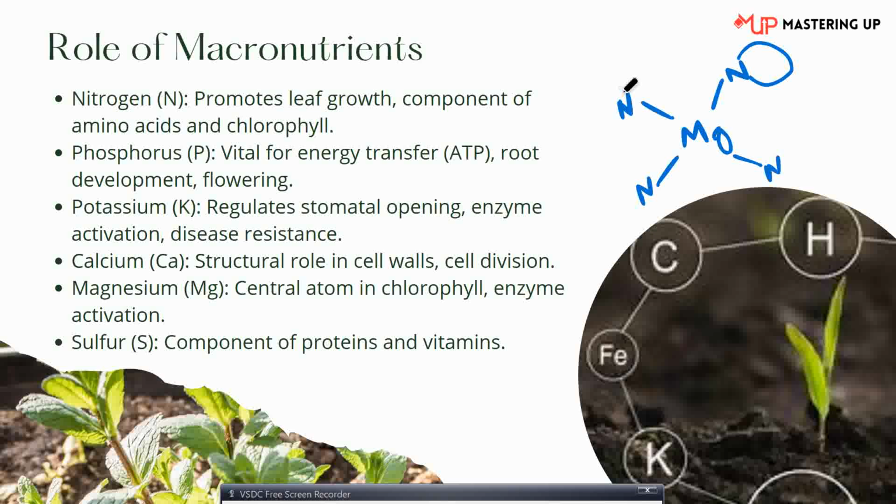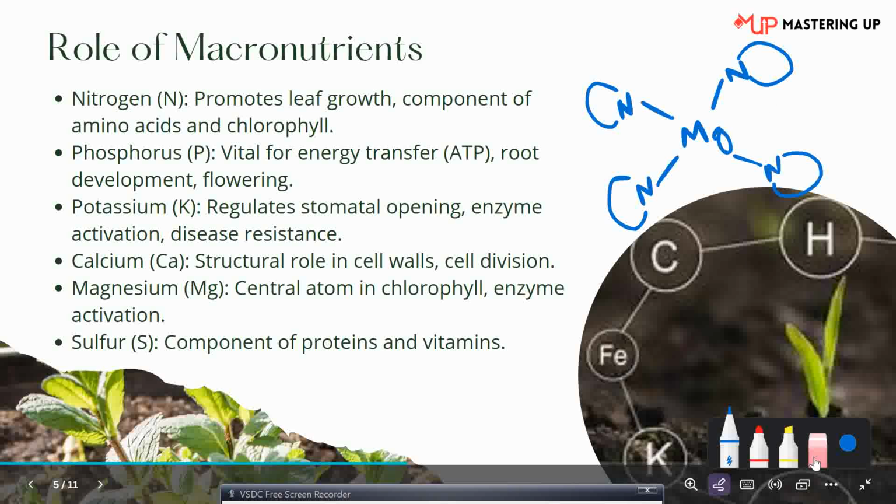You can see a planar form, a plane-like form is there. Here it is like that, and they are interconnected to each other. And they also have a long chain, a long tail is also there. So this is the structure, and from this you can remember that magnesium and nitrogen are part of chlorophyll. Okay, so I hope it's clear.